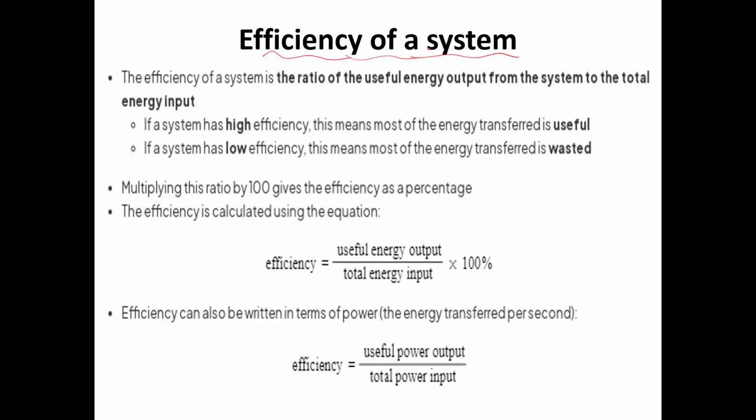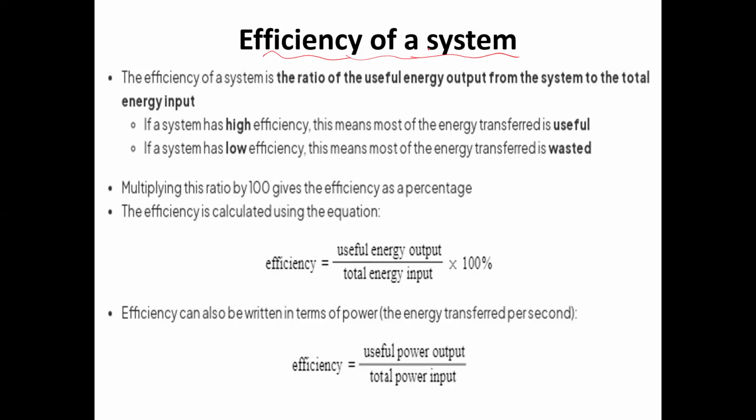That is, whenever a machine utilizes its maximum input power to produce a maximum useful output power. So if maximum useful output power has been fetched from the given input power, the machine or the device will be called 100% efficient, or maximum efficient.